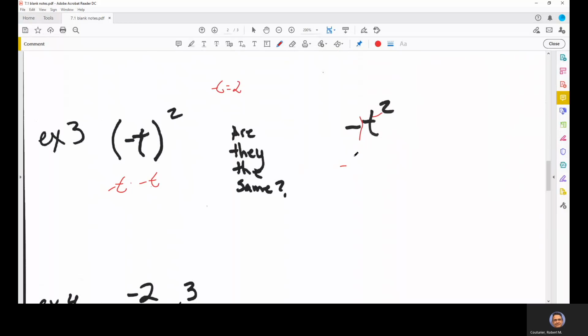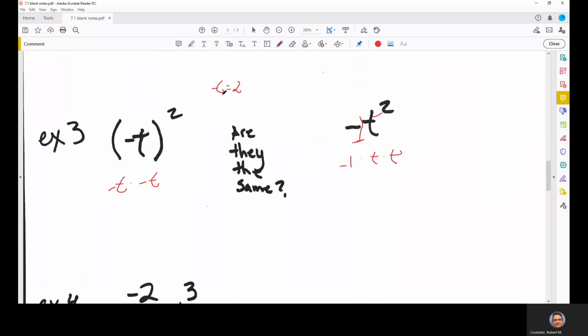So this would be negative 1 times t times t, because the exponent is like locked, it's handcuffed to the thing that it touches. When it touches the parentheses, it's talking about everything inside. When it's not, it's only dealing with the variable, not the coefficient of the variable.